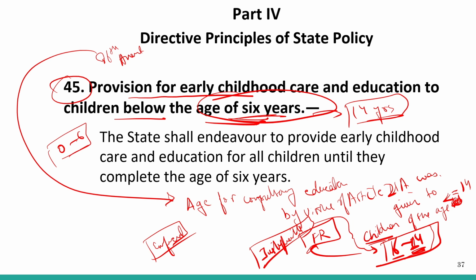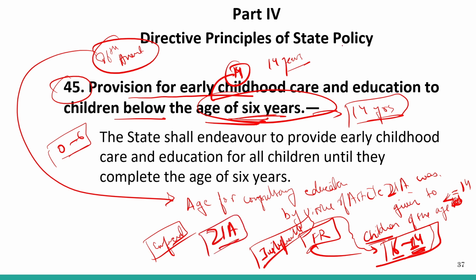So now you see that earlier this was 14 years, so it was only a discretion of the government to decide whether they would be able to provide education up till the age of 14 years to the students. But now it has been made compulsory by bringing about a change by the 86th Amendment and by incorporating Article 21A, that from 6 to 14 years, the student will get compulsory education.